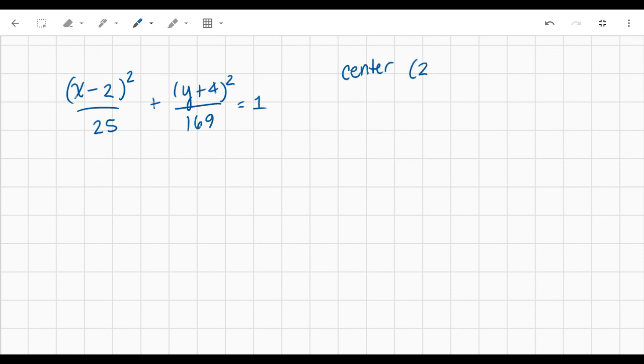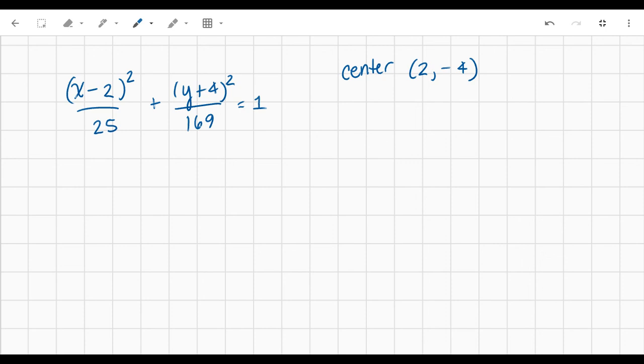So if we are given the ellipse x minus 2 squared over 25 plus y plus 4 squared over 169 equals 1. First of all, you guys know that the center is at 2, negative 4.